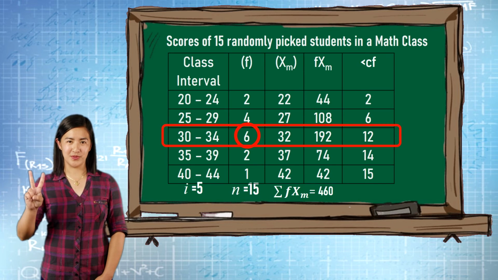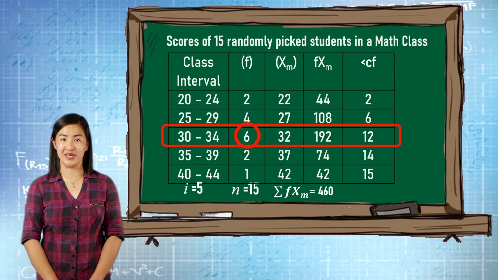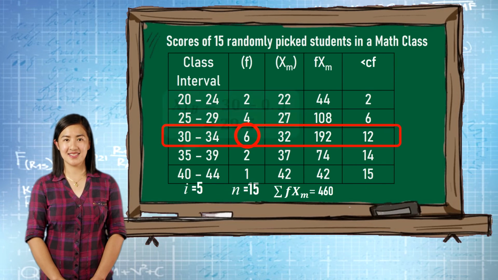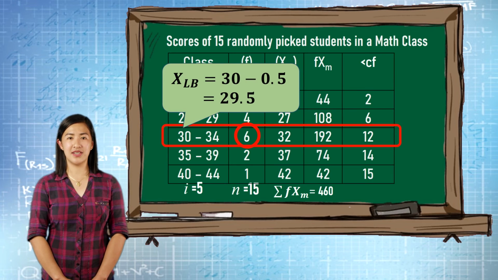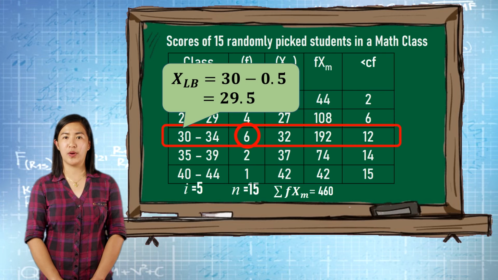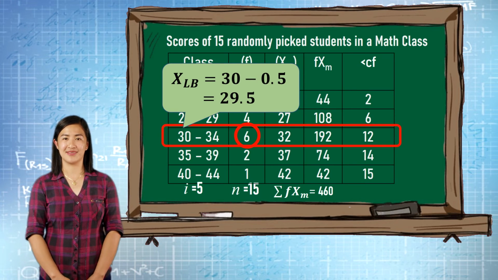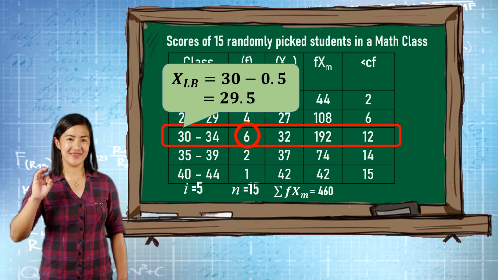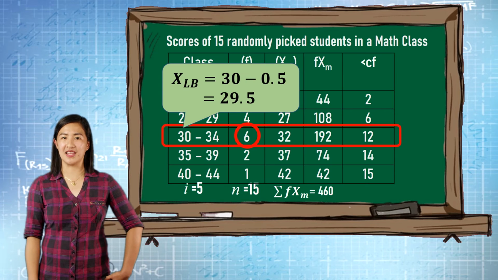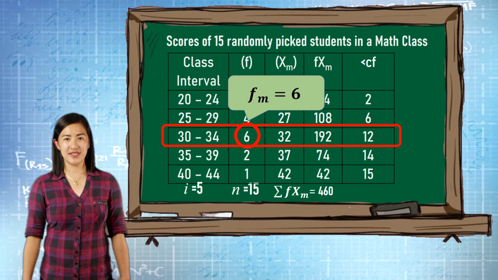Step 2. Determine the lower class boundary of the modal class. That is, X sub LB equals 30 minus 0.5 is equal to 29.5. Step 3. Determine the other values needed to solve the mode. The frequency of the modal class is 6.